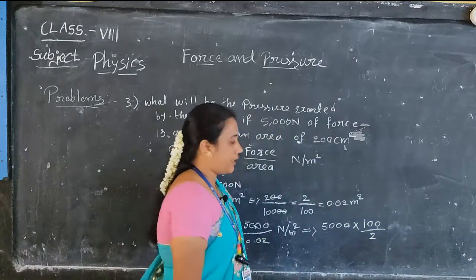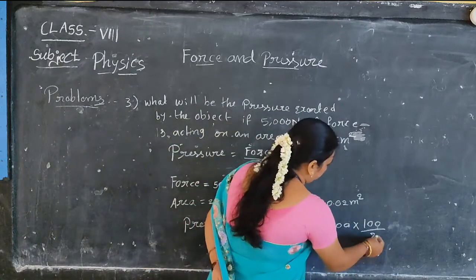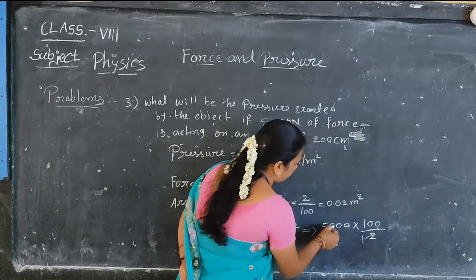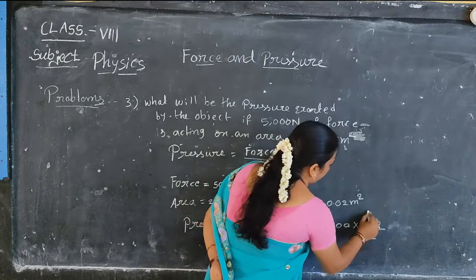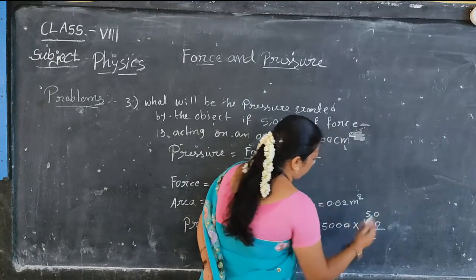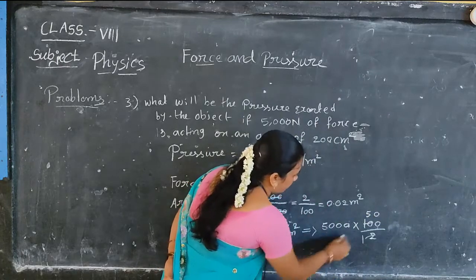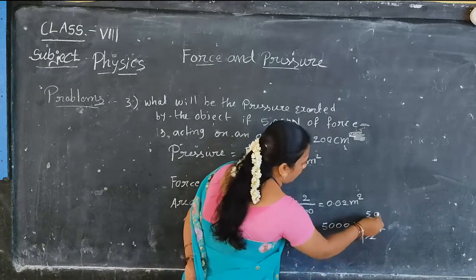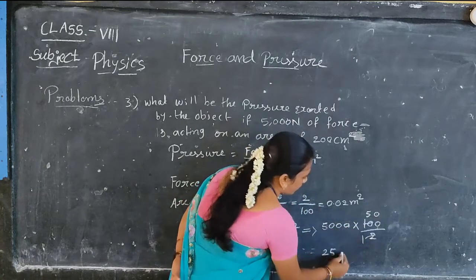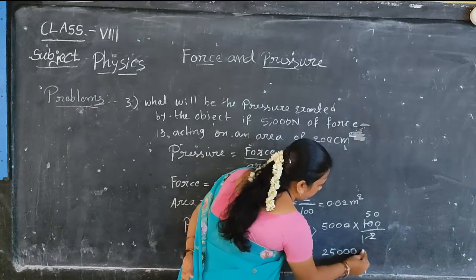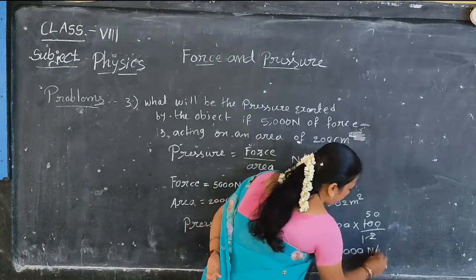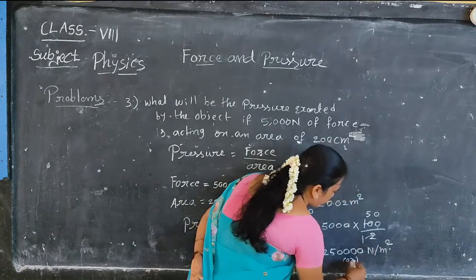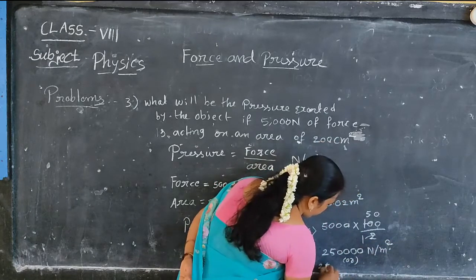Yes, 100 by 2 we can write. So 2 ones are 2, 2 fives are 10, so 0. What will we get? 5 fives are 25. How many zeros are there? 1, 2, 3, 4.